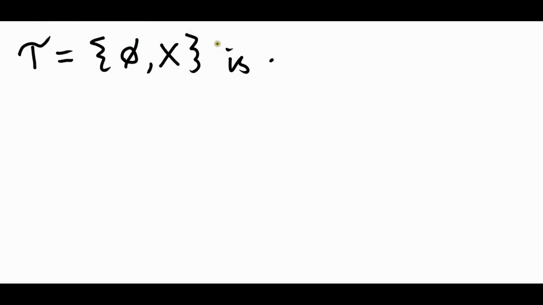Okay then, so let's take a look at another important topology. In particular, the topology which just involves the empty set and the set itself. So this is called the indiscrete topology.